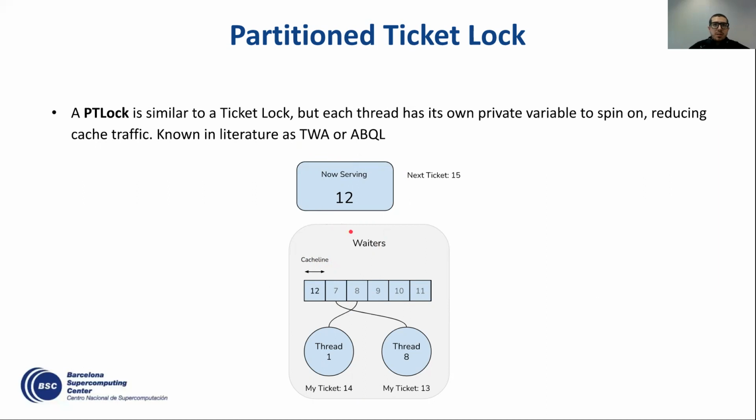In this example, when the lock owner that has ticket 12 performs the unlock operation, aside from incrementing this counter, it will notify thread 8's private region. It knows that this is the next private region to notify because it's the number of the ticket modulo the number of private regions.